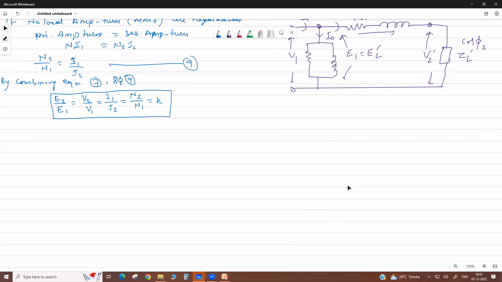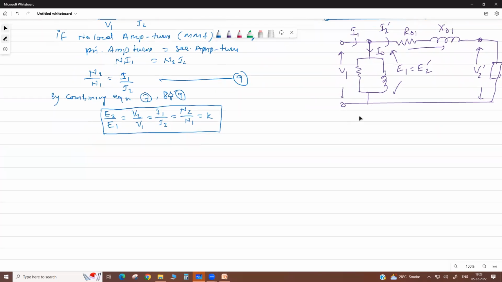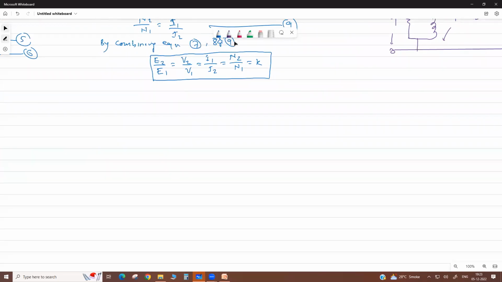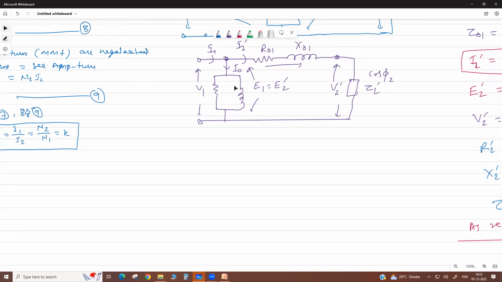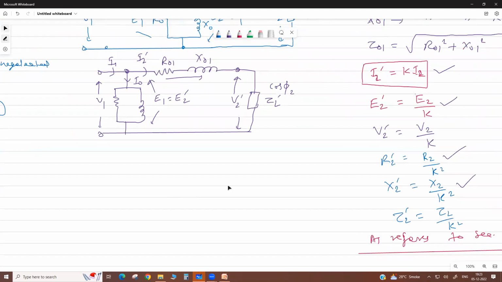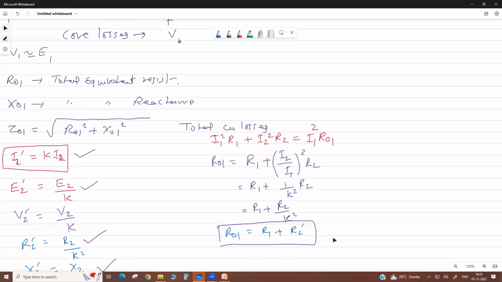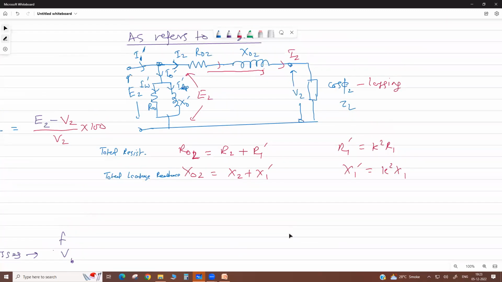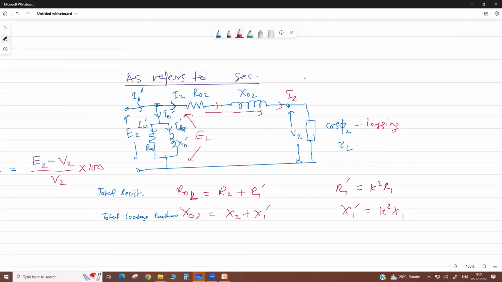Now again come to our equivalent circuit. See, this is the approximate equivalent circuit. This one is referred to the primary side and this one is referred to the secondary side. Why is it approximate?